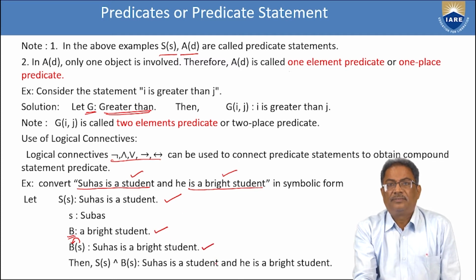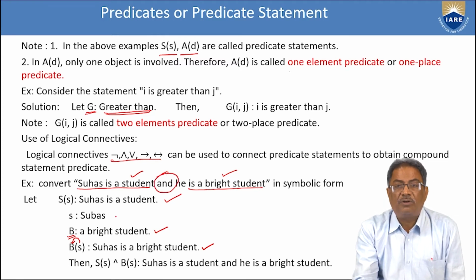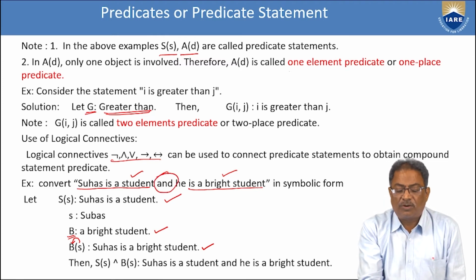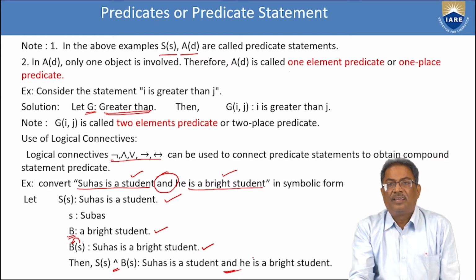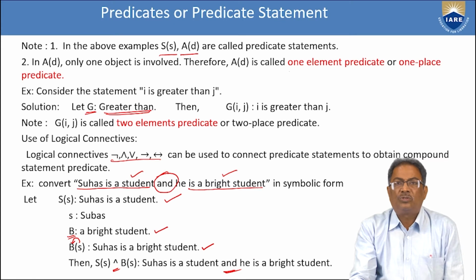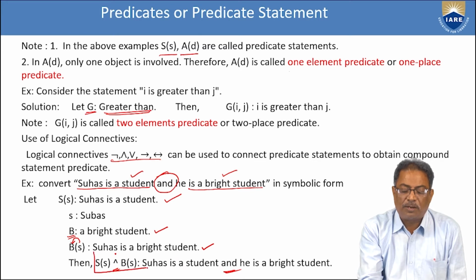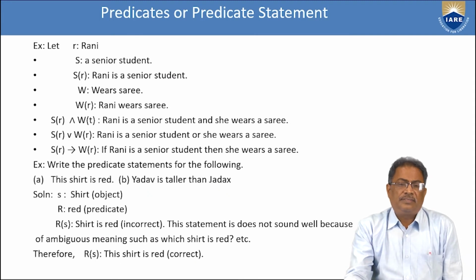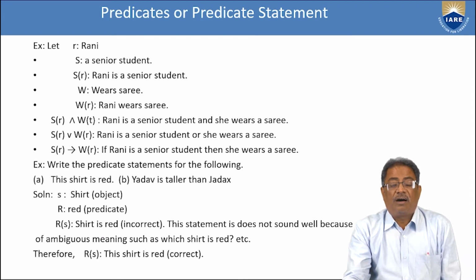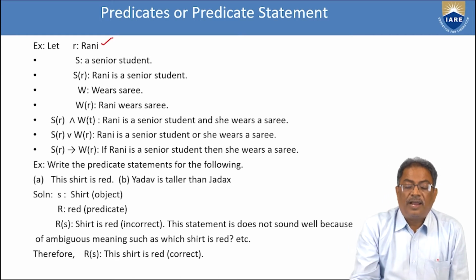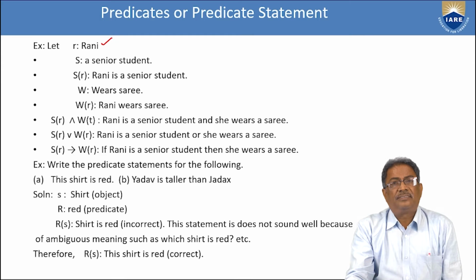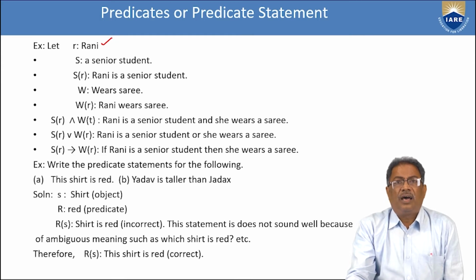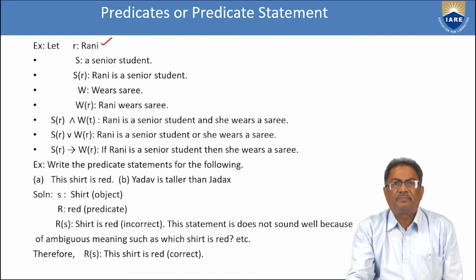We are going to combine them by using the logical connective and. So Suhas is a student and he is a bright student; this is the symbolic representation of that. Now consider another example. Let R be an object and S a predicate: a senior student. S of R indicates Rani is a senior student.